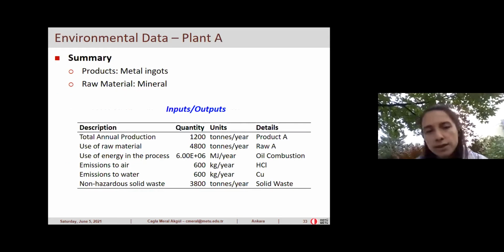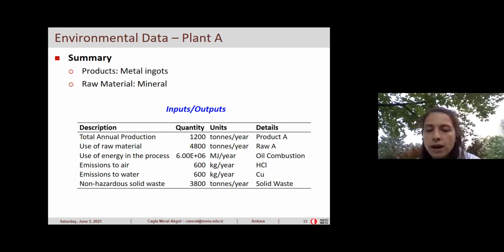So to check this, let's check this out. First, let's check what happens in plant A, I'm sorry. The product of plant A is metal ingots. The raw material is the mineral. So let's write inputs and outputs down. The annual production is 1,200 tons per year. And basically, what do we use? We use 4,800 tons of raw material per year.